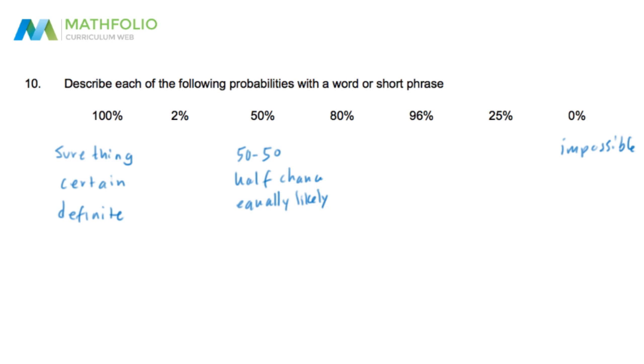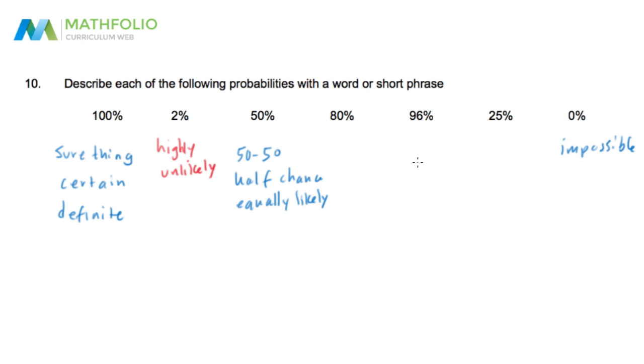All right. Now I'm switching colors to go to 2%. Now 2%, some people might think is impossible, but it's not. Out of every 100 times that it might happen, it's probably going to happen 2 times. So it's not impossible, but it is highly unlikely.